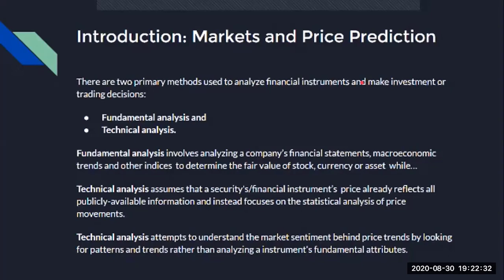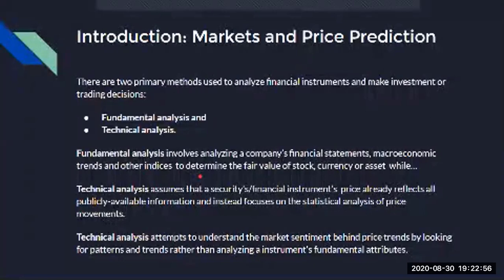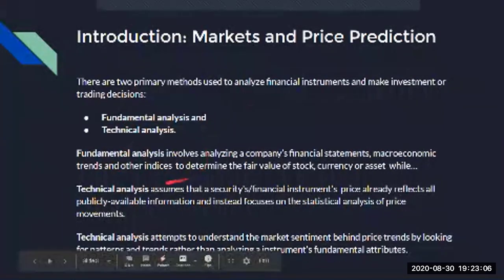For example, if it's a stock, you're looking at the company's financial statement. How much revenue have they made? How much profit have they made? If it's a currency, you're looking at things like macroeconomic trends, indices. Let's say we're looking at pound sterling now. How is the pound doing? You'll be looking at what the economy of the UK looks like. What's their GDP, that's short for gross domestic product?